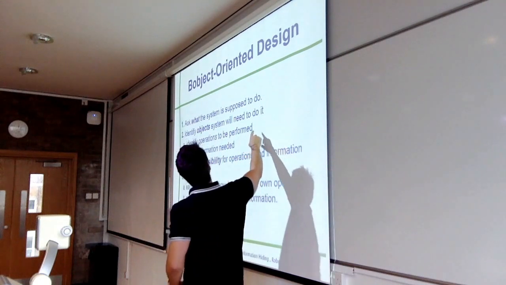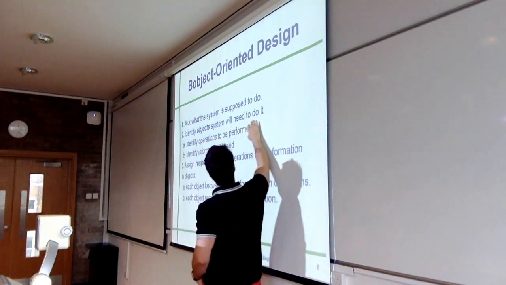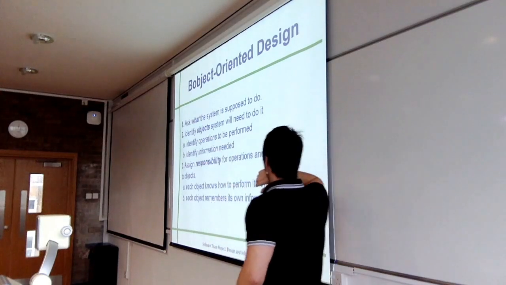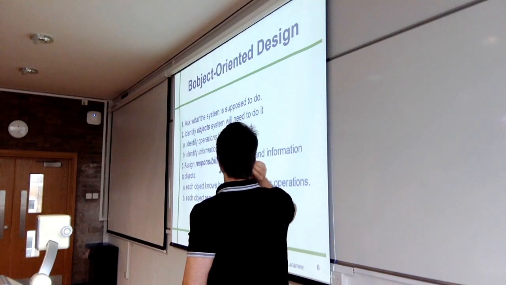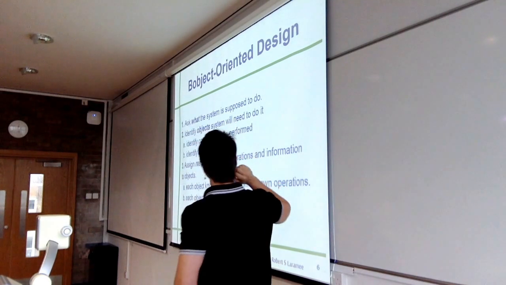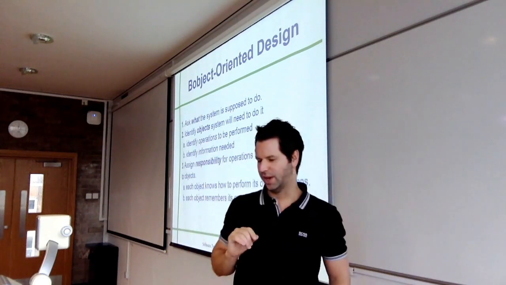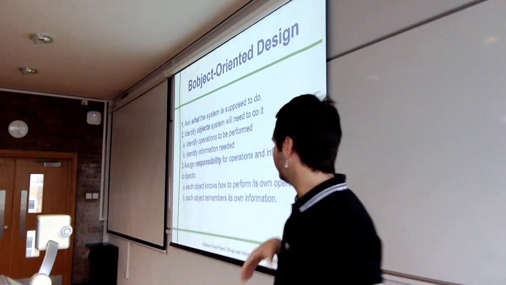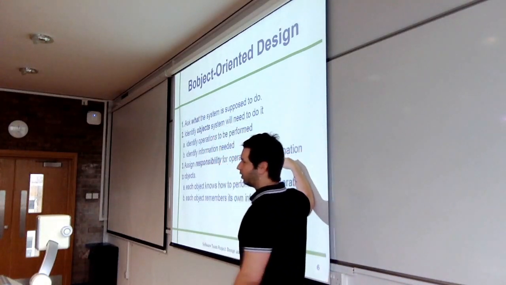Today, we're talking all about this second point here, identifying objects the system needs to perform to carry out the requirement specification. The next step is assigning responsibilities for the operations and information to objects. So we have a special lecture just on this topic, which is next week, actually.